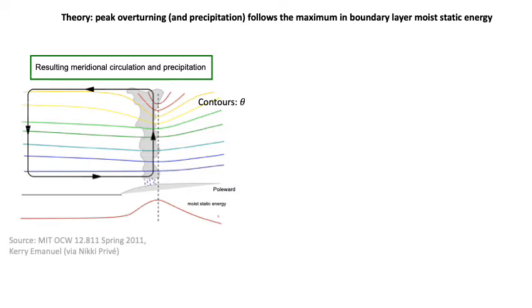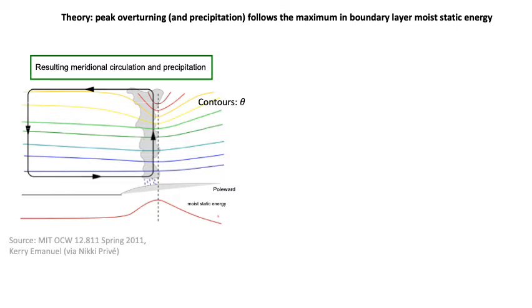What the theory really says is that the peak overturning and precipitation follows closely with the maximum in boundary layer moist static energy. There's this nice schematic shown here on the left, taken from Kerry Emanuel from some past notes. It shows colors or contours of theta, showing a stably stratified atmosphere where potential temperature increases with height. The solid black line shows the Hadley-type overturning circulation.